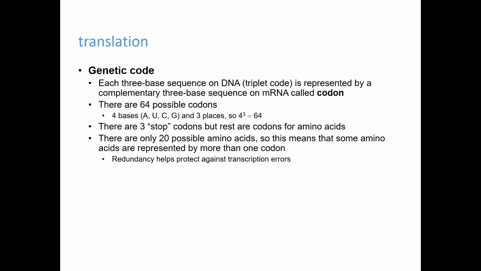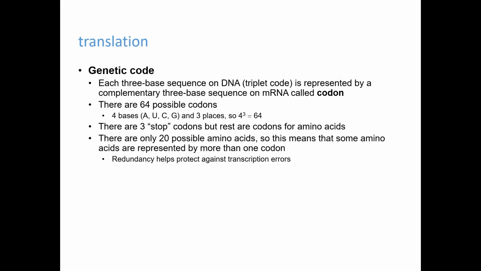And so when we make a complementary copy of the DNA onto the messenger RNA, we're giving us the complement in the triplet code. So if the triplet code in the DNA is adenine, adenine, adenine, the complement on the messenger RNA is going to be uracil, uracil, uracil. That's the complement.